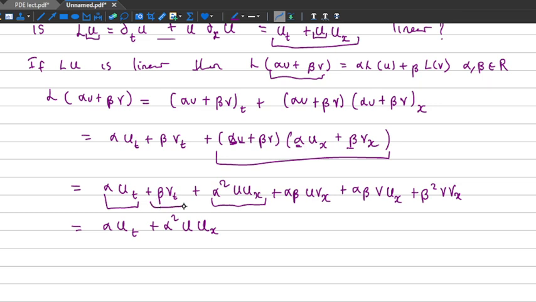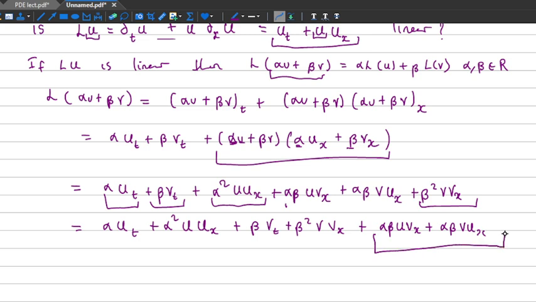Then those that have v alone: plus beta v_t plus beta squared v v_x. Then there are these terms: plus alpha beta u v_x plus alpha beta v u_x.